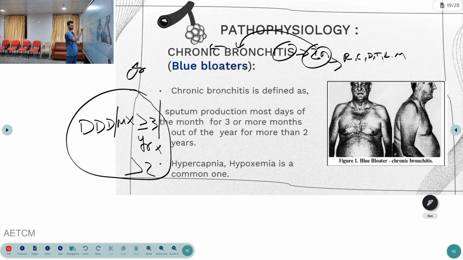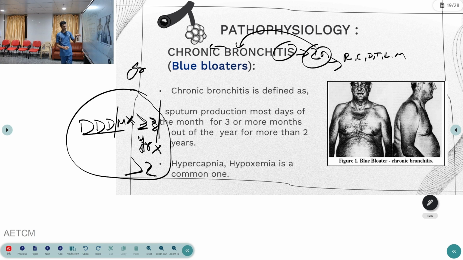I think it's still confusing, but it's easy if you read slowly. So sputum production will be there on most days of the month, for 3 or more months in a year, and it will happen for more than 2 years. That is the definition of chronic bronchitis.